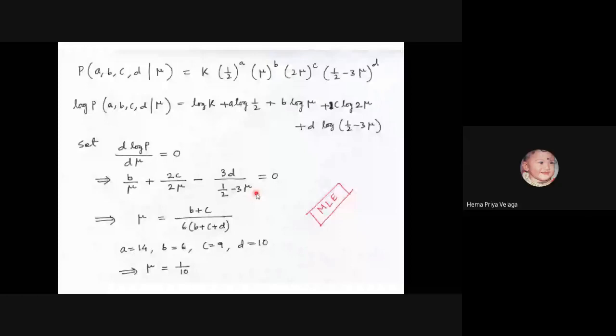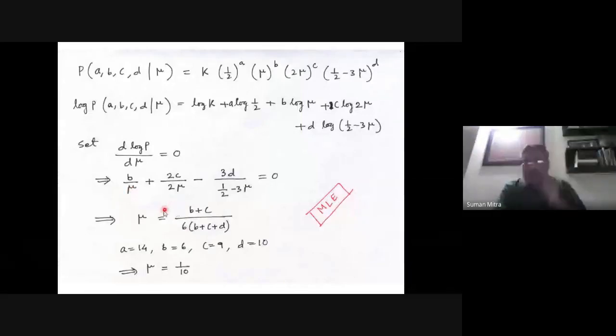Good. So we equate this with 0, and what we get is that A, B, C, D all are data. That means known. So we try to find out the value of the unknown parameter mu in terms of the known values.